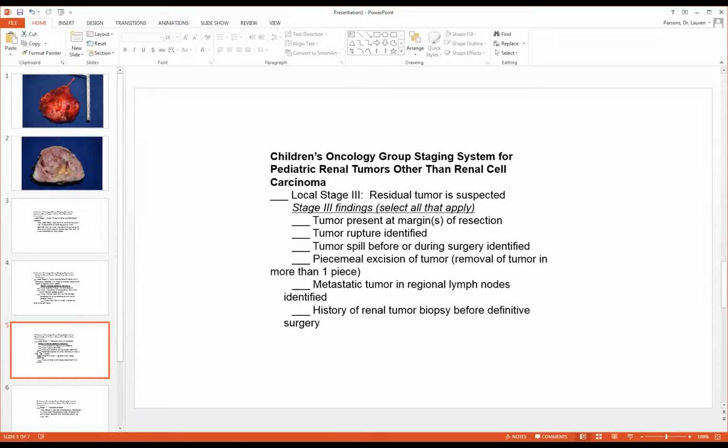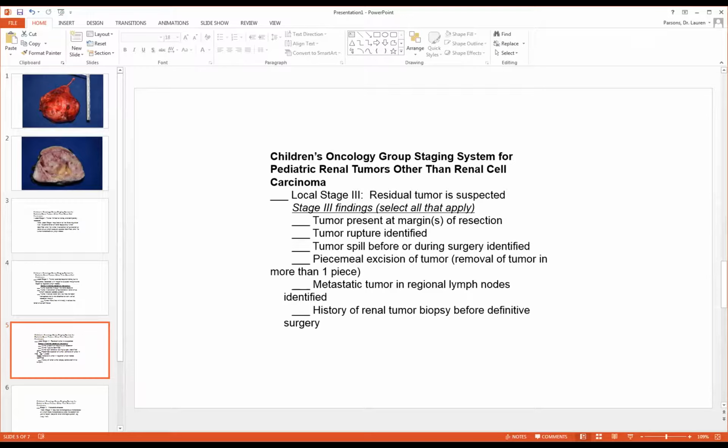Now, this is actually a really important designation because in the United States, for our protocols, when you go from stage 2 to 3, if you are diagnosed as being a stage 3 Wilms tumor, you will get abdominal radiation therapy. And so that's an important thing to identify and to be correct about.